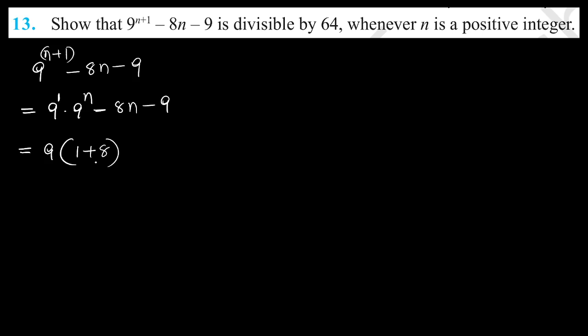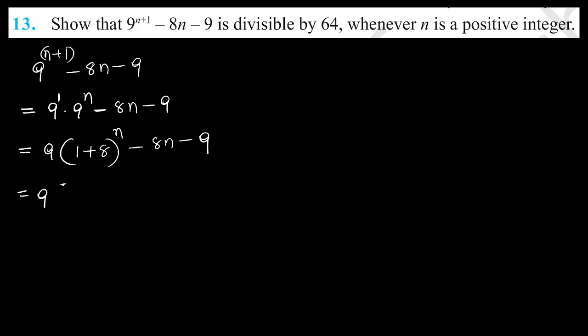Yes. 9 can be written as (1 plus 8) raised to n minus 8n minus 9. Why am I writing 9 as 1 plus 8? Then only I can use the binomial theorem, (a plus b) raised to n. Using the binomial theorem, I am verifying that the entire expression is divisible by 64, whatever may be the value of n.